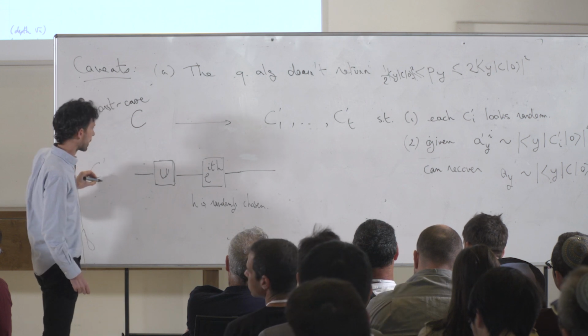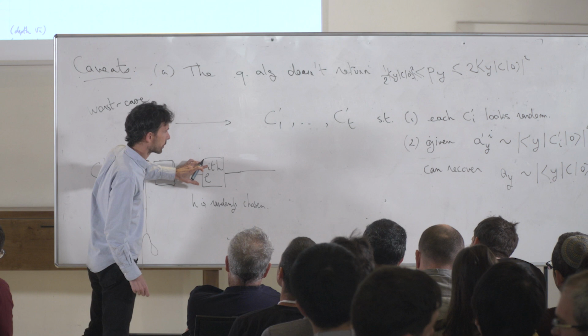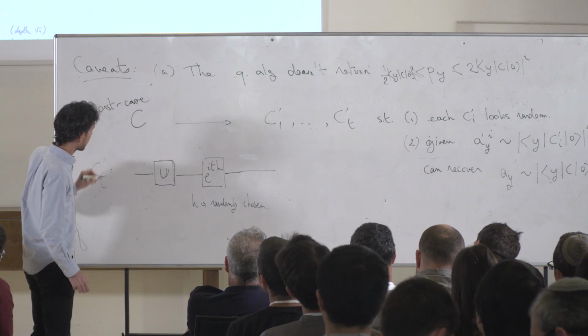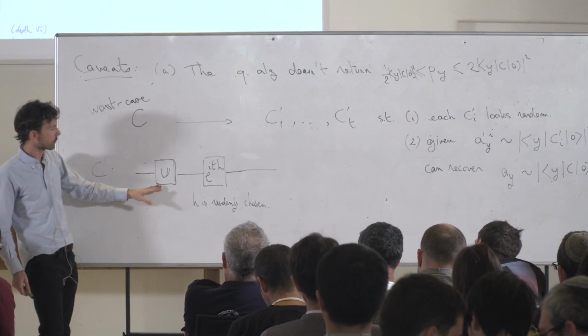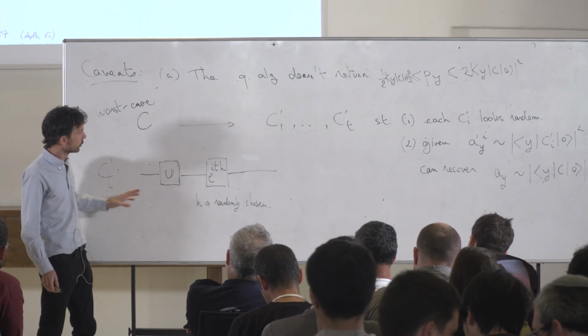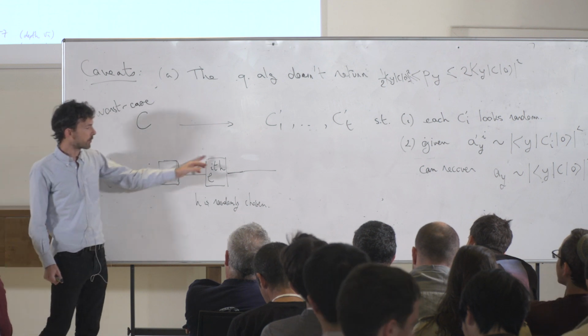So this is C prime. There are too many i's on the picture, so let's call this C prime t. For every real value of t, I can define a new circuit C prime t, which is the old circuit, but after that there's just a random unitary. These random unitaries are related between the different C primes, but by themselves each is just a random gate.